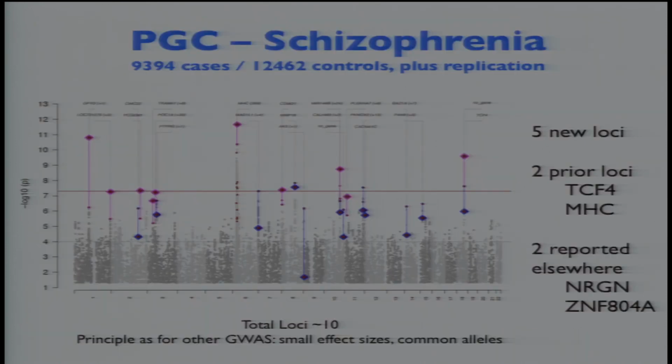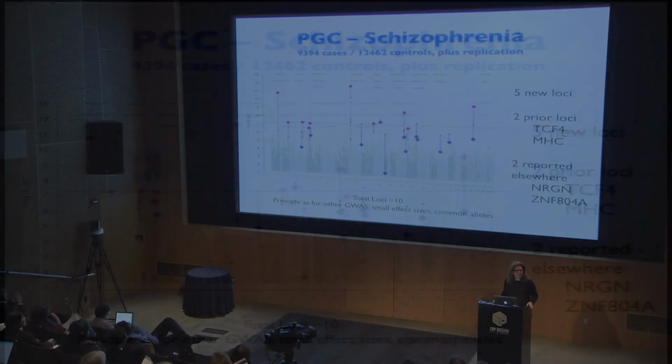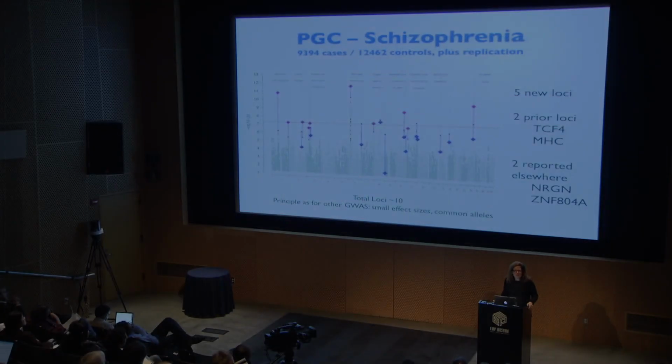And so for schizophrenia recently, we've just been able to analyze almost 10,000 schizophrenics and a large number of controls.